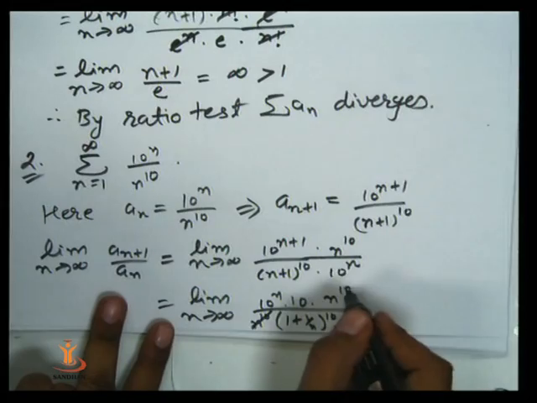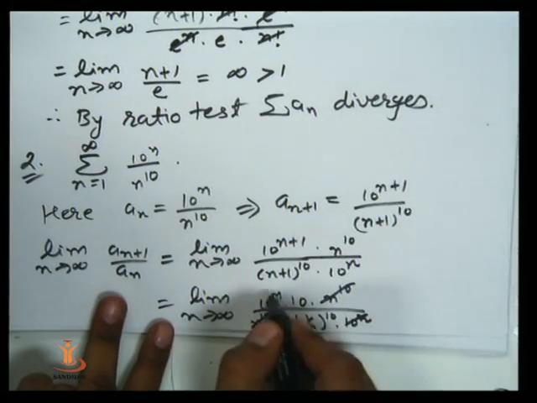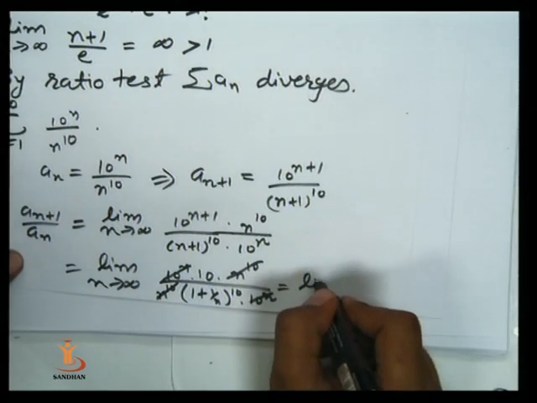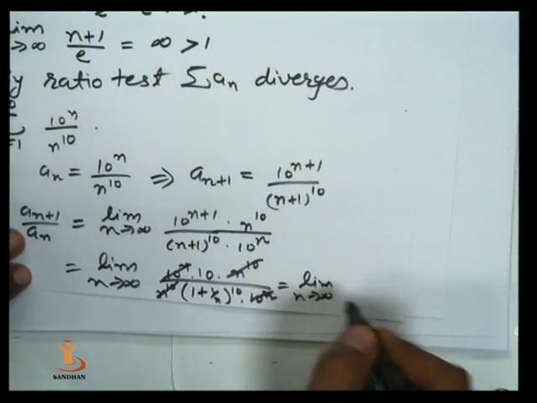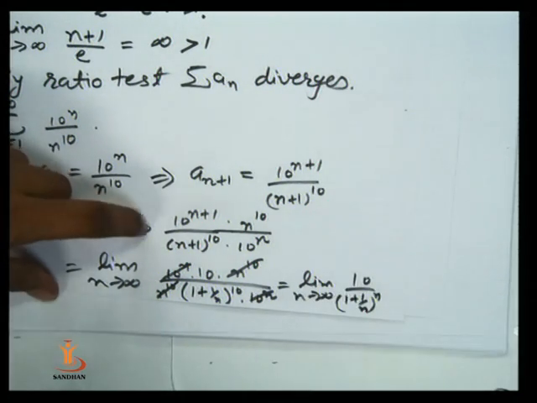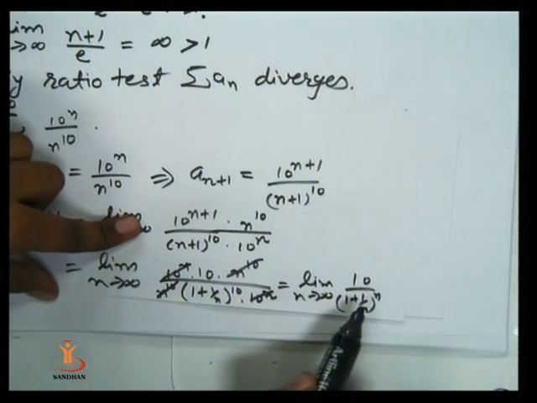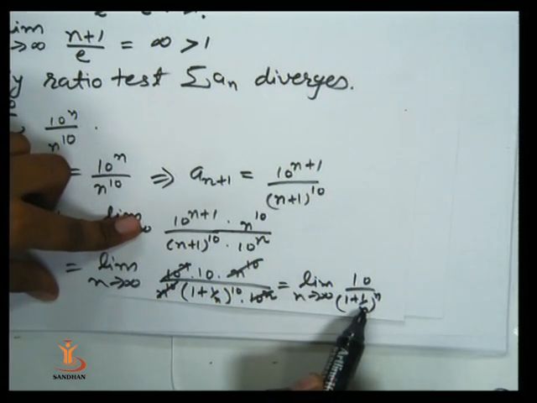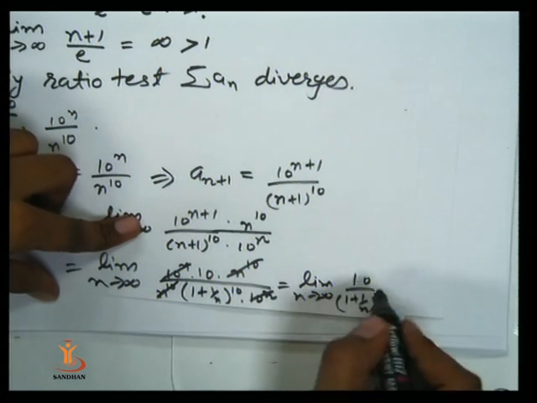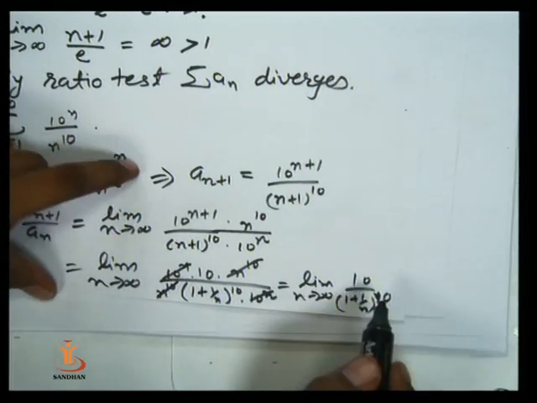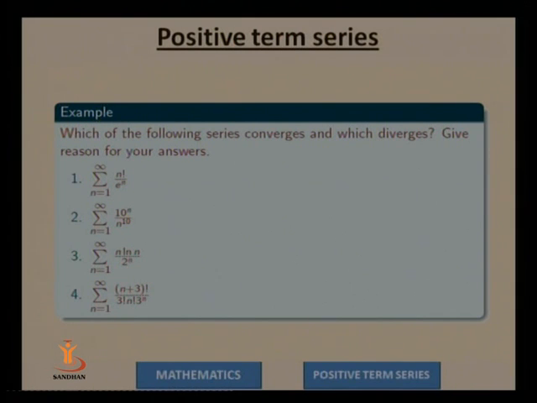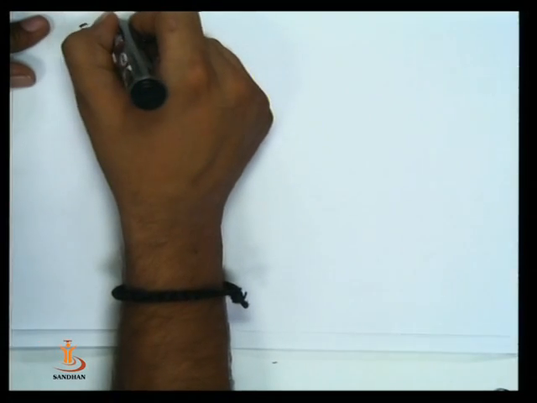Now n raised to 10 and n raised to 10 cancel out, 10 raised to n and 10 raised to n cancel out, and we get the final limit as n tends to infinity of 10 upon (1 plus 1 by n) raised to 10. Now as n tends to infinity, this 1 upon n goes to 0. Therefore (1 plus 1 upon n) raised to 10 goes to 1, and the final limit is equal to 10.